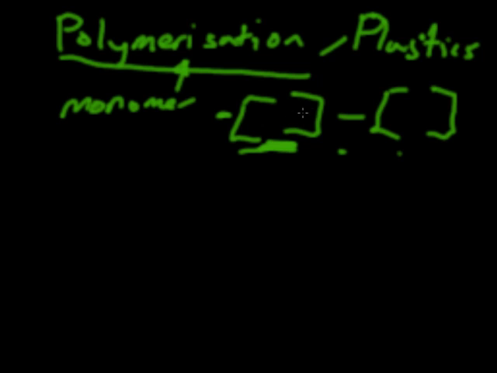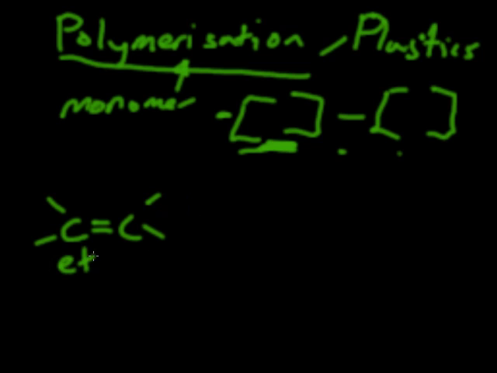Hydrocarbon polymers are plastics. Now, the first one and the main one that we're going to look at is the polymerization of ethene, the same molecule again, also known as ethylene. Ethene is a monomer, and it can be polymerized into a polymer.